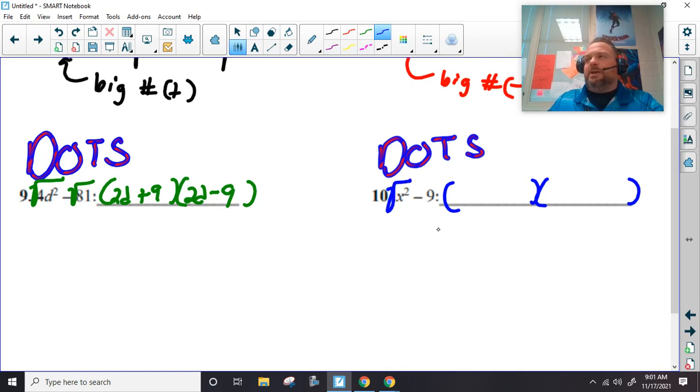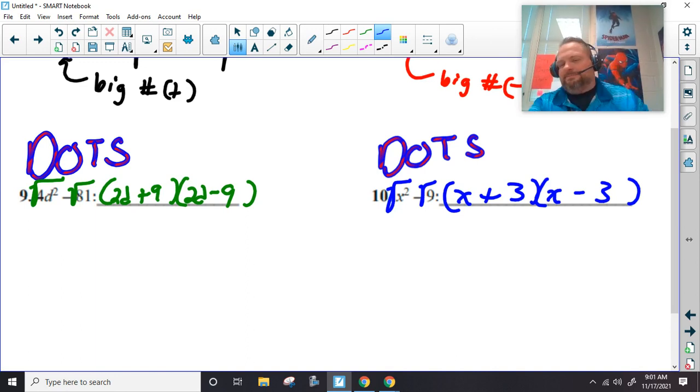On 10, what's the square root of x squared? X. Why is it 3? Very good. The square root of 9 is 3. If you wrote 1x, guess what? That is absolutely okay. I will not give you a reverse mohawk if you put a 1 in front of the X. Okay? Some students need that stuff.